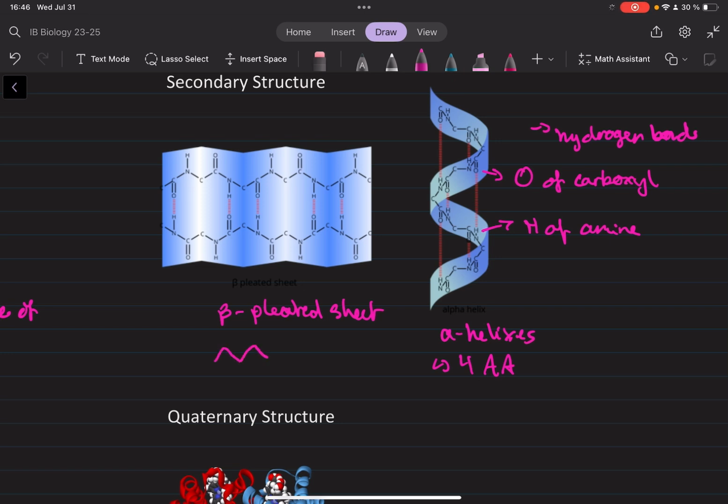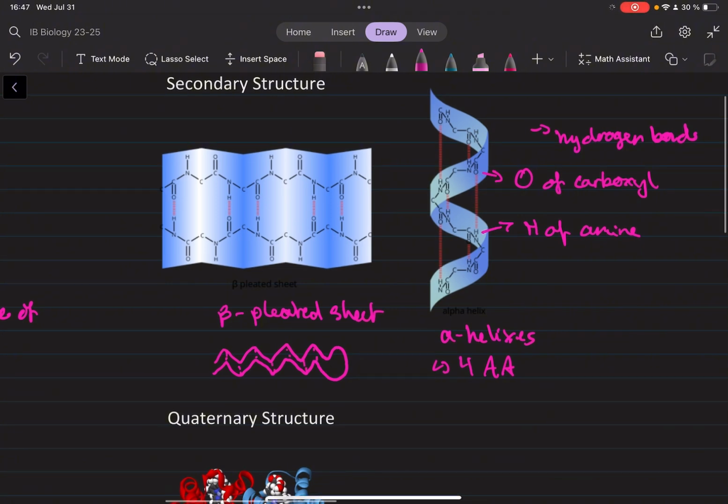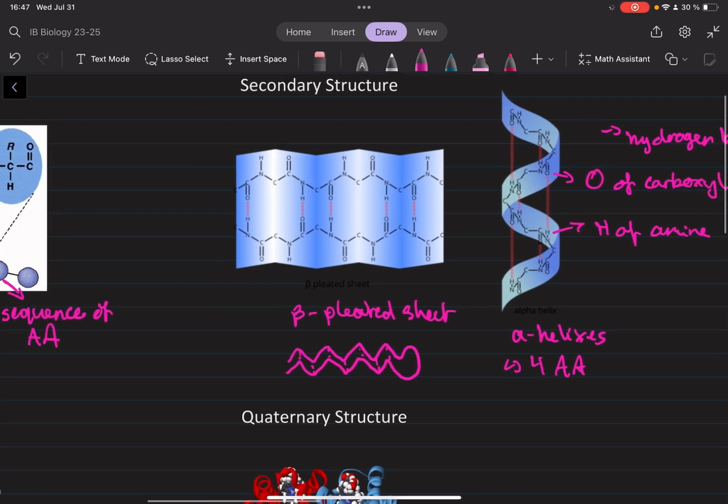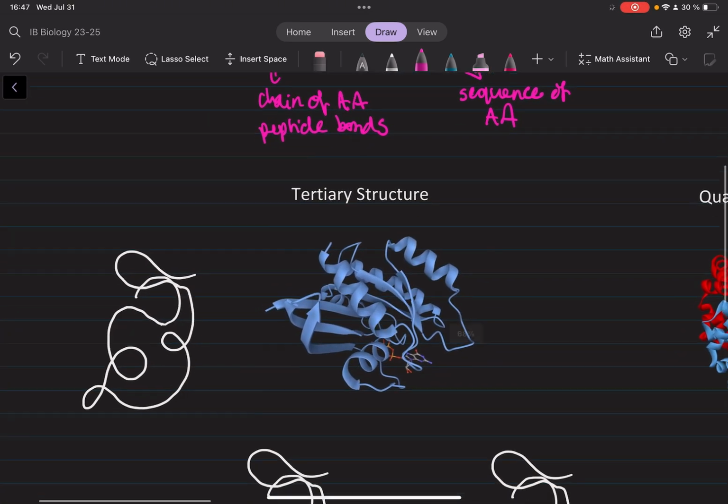So if we've got a sheet here, it'll then wrap around and follow that pattern. So these would be the hydrogen bonds. It just depends on where those hydrogen bonds are found that determines whether it would be a pleated sheet or an alpha helix.